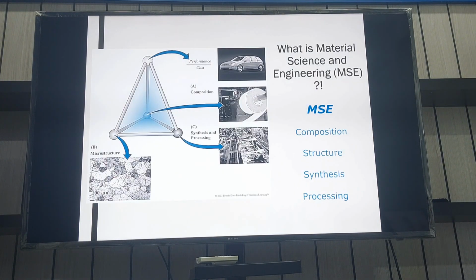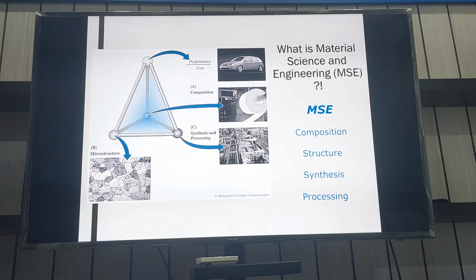When we choose material for manufacturing process, for example automobile manufacturing, we always consider performance divided by cost, and from this we will have some questions to answer.